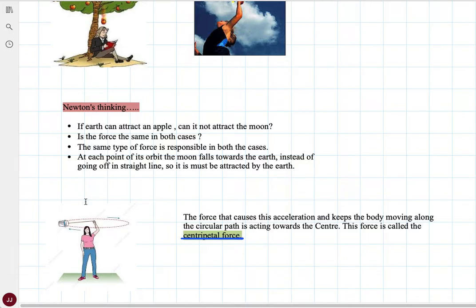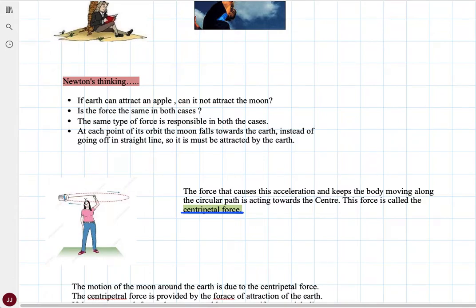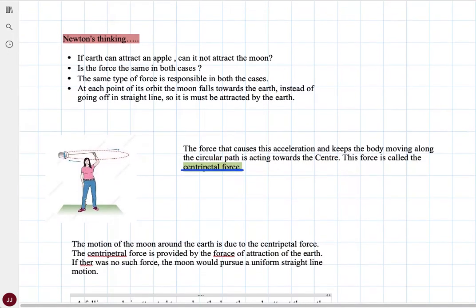It would have taken a straight path and moved out. So there is an attraction between Earth and the moon, and we call it the centripetal force, because the force of attraction is acting towards the Earth and keeping it in that particular path.